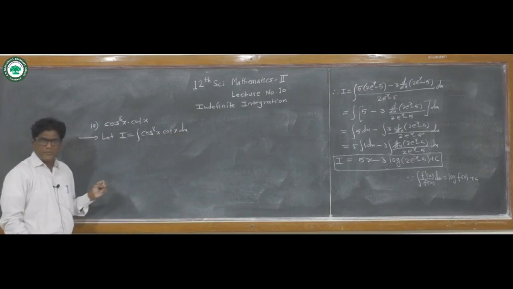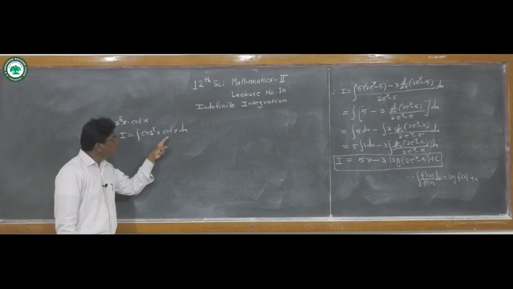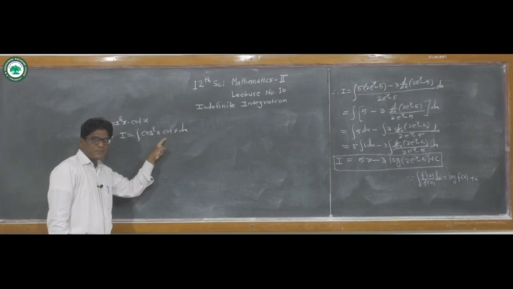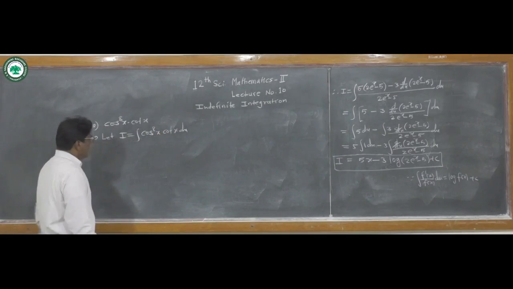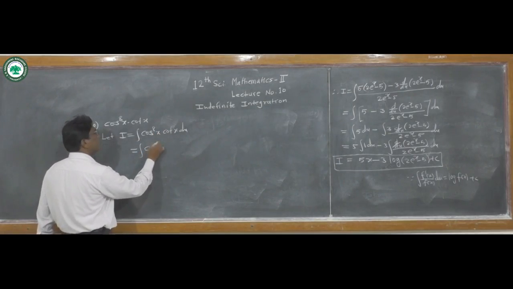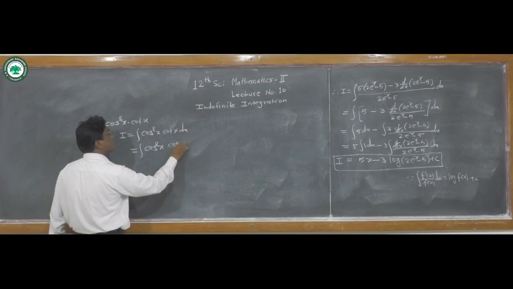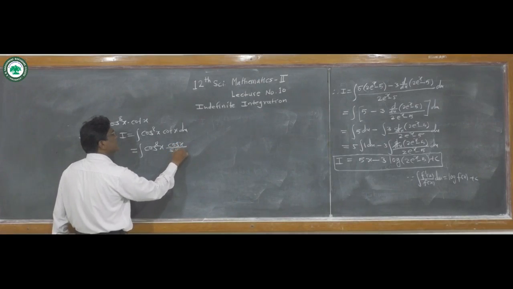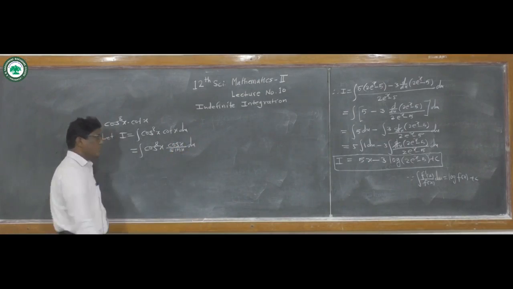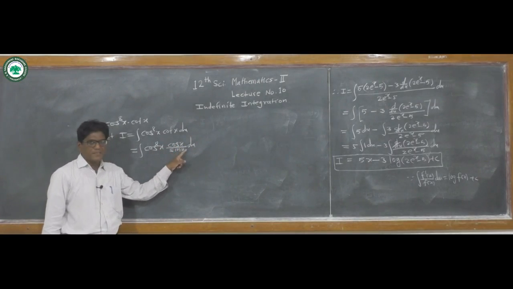Now this is the new type. We have to use the trigonometric formula. Here we put cot x as cos x upon sin x. So this is equal to integration of cos to the power 8x, we write cot x as cos x upon sin x dx.